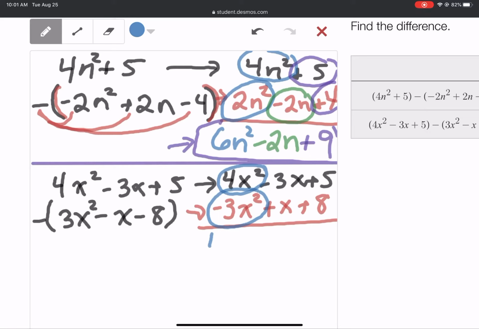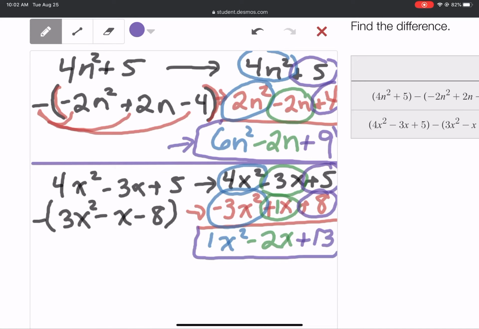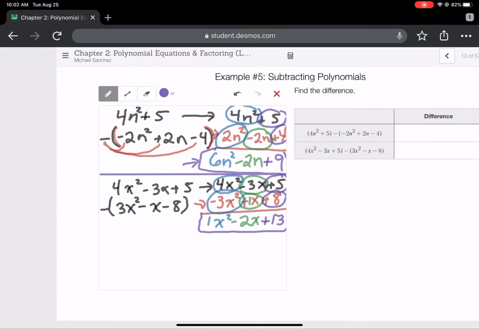That gives me 1x to the power of 2. Negative 3x plus 1x gives me a negative 2x. And positive 5 plus 8 gives me a positive 13. Okay, and that is how you subtract two polynomials from each other.